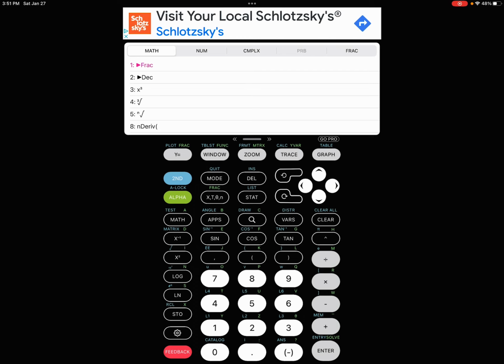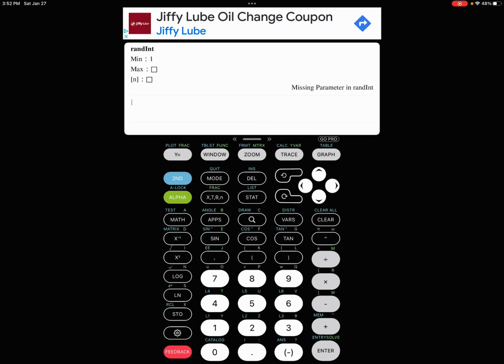Okay, math, probability. Number 5 is the random integer. My minimum number is 1. Enter. Okay. The maximum number.